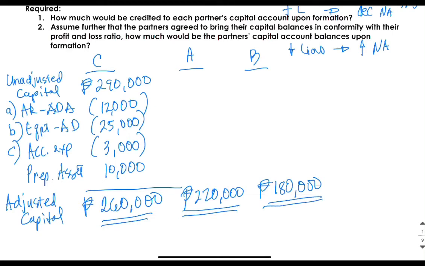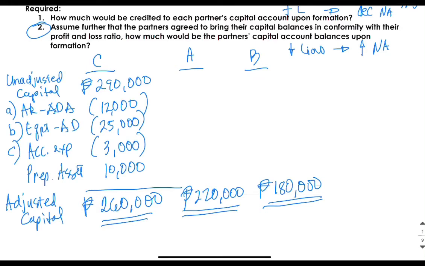Okay, so for number 2, another requirement: assume further that the partners agreed to bring their capital balances in conformity with their profit and loss ratio. How much would be the partners' capital account balances upon formation?